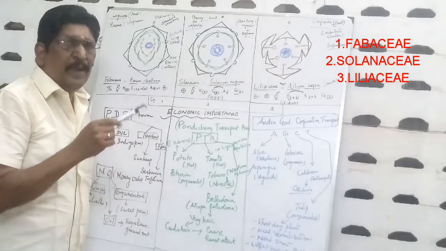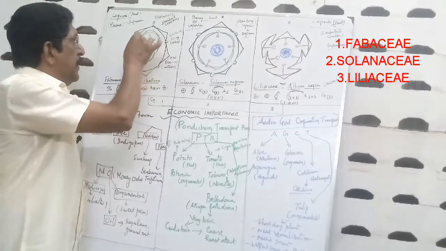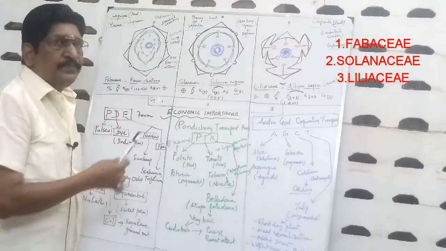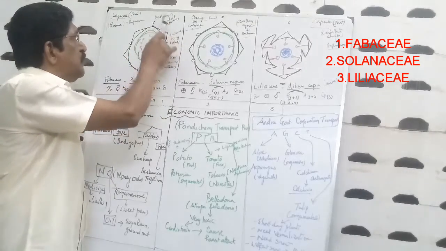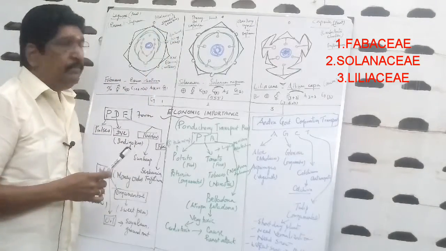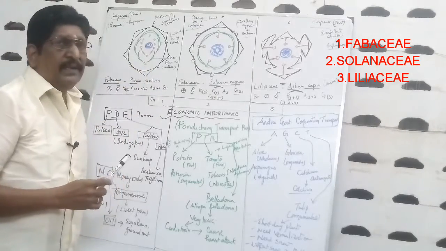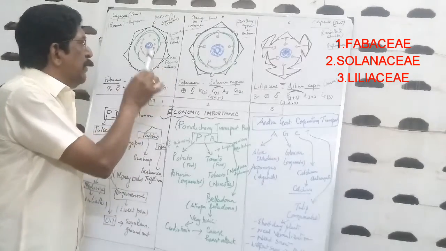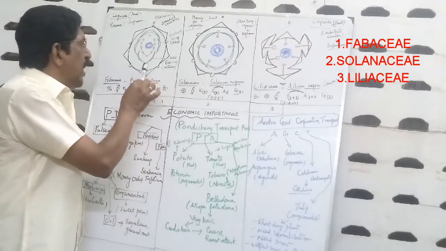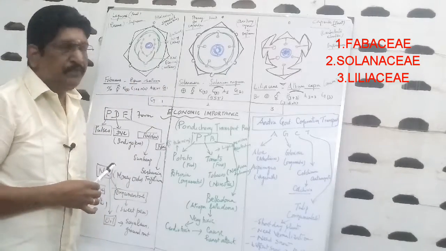So 1 plus 2 plus 2 within brackets. I repeat, there is one standard petal posterior in position called vexillum, and then two lateral wing petals or alae. Within that you get two keel petals or carina. They are fused together enclosing the androecium and gynoecium.